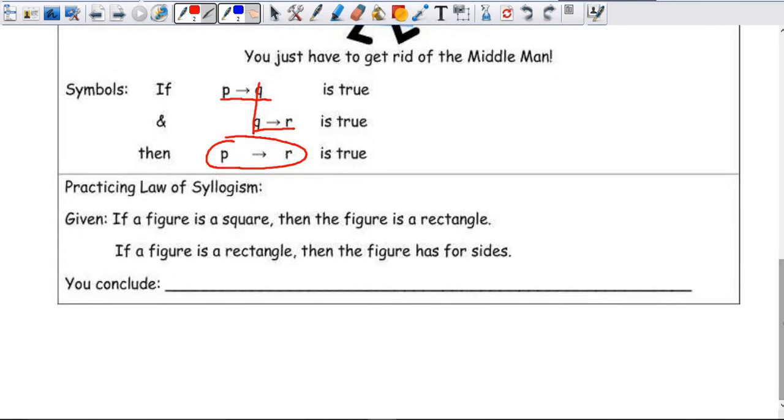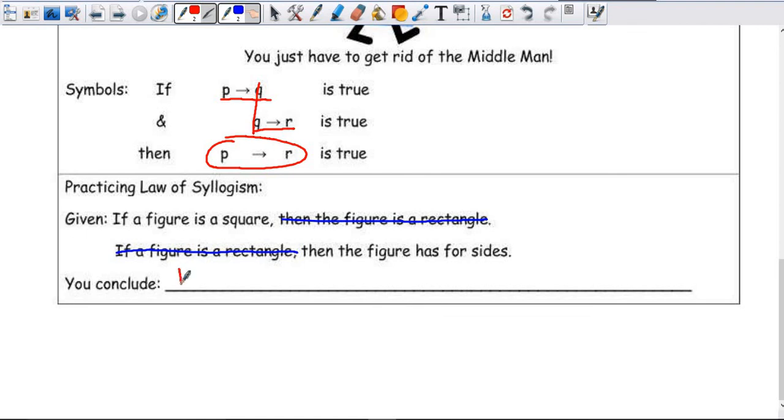So let's try that with an example. It says, if a figure is a square, then the figure is a rectangle. If a figure is a rectangle, then the figure has 4 sides. You should notice that right here, then the figure is a rectangle, and if the figure is a rectangle is repeated from one sentence to the other. The key is it has to repeat at the end of the first and the beginning of the second.